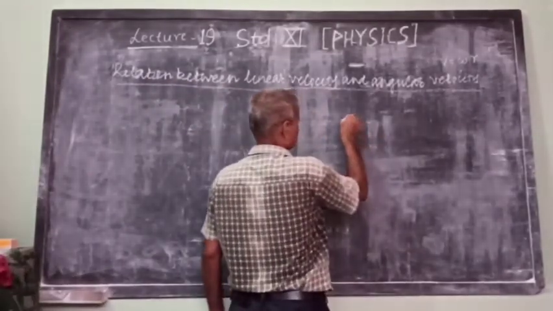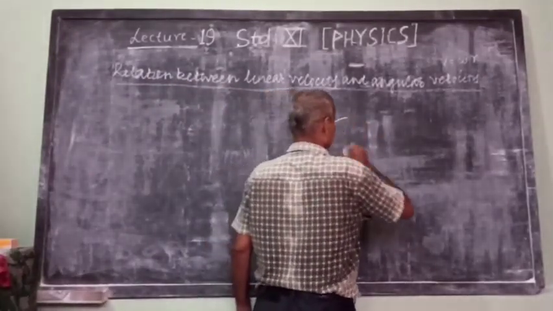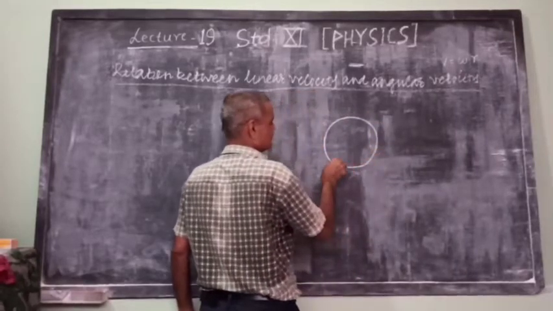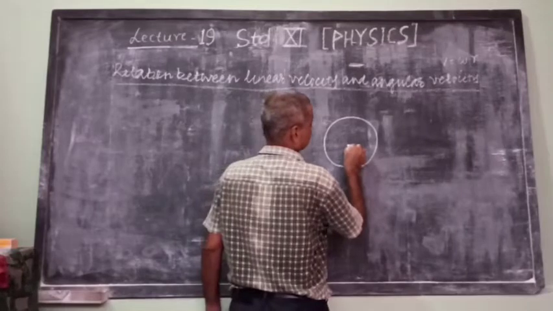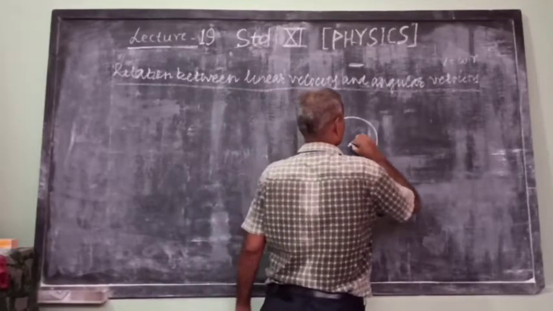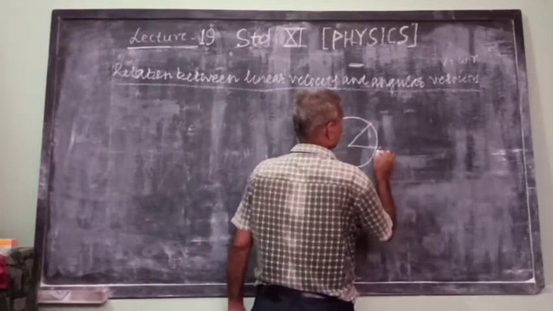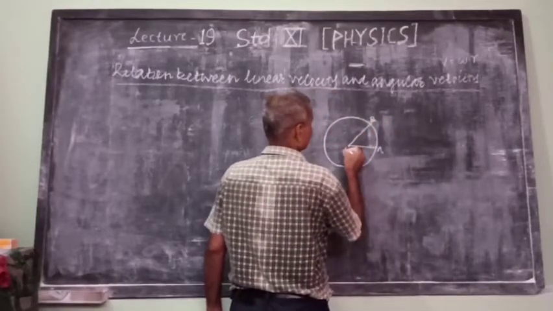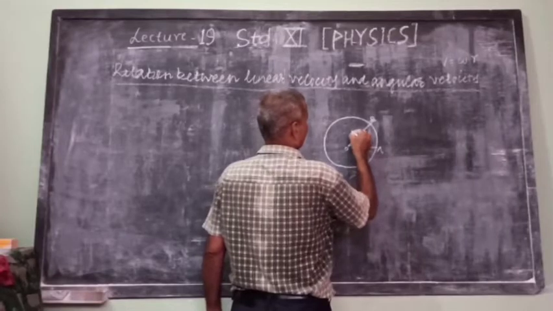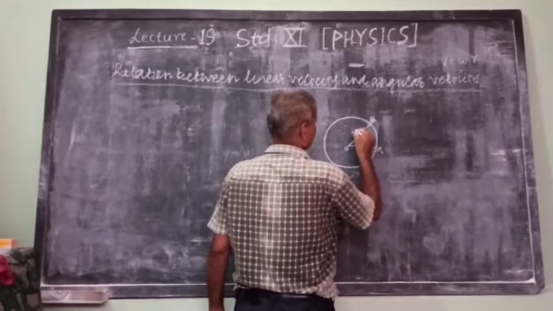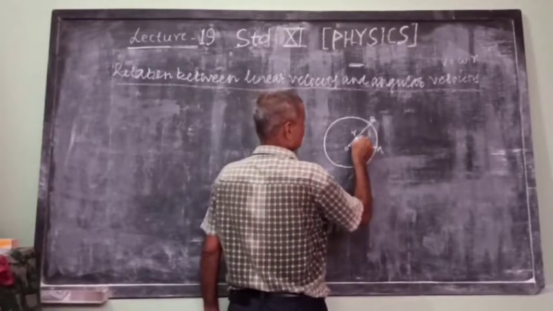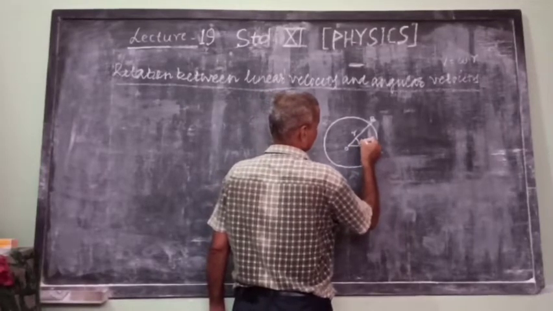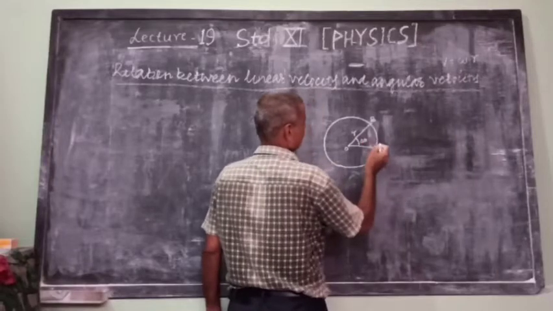This is a diagram. It is a circular path, the body is moving on the circular path, and it moves from this point to this point, and this is the center. R be the radius. This is your del theta, angular displacement.